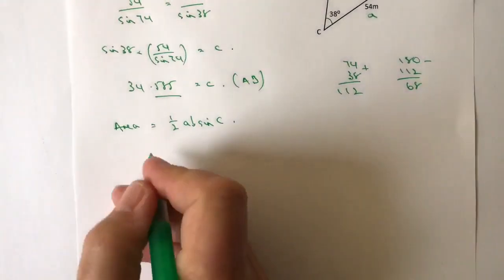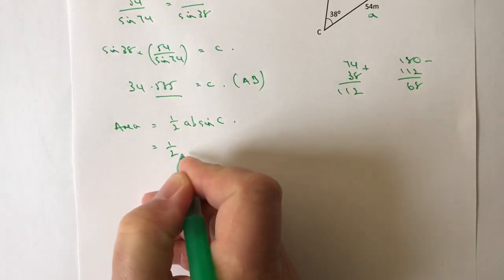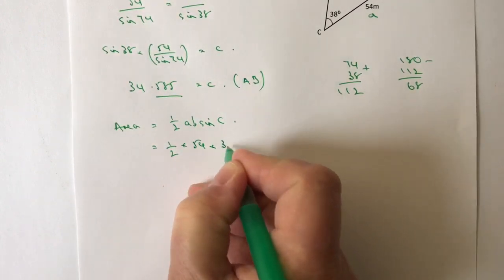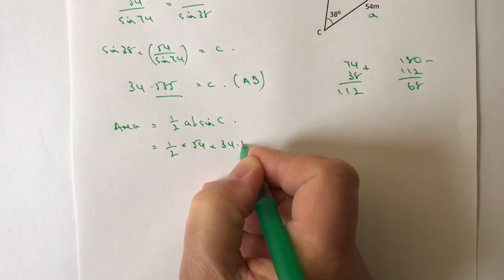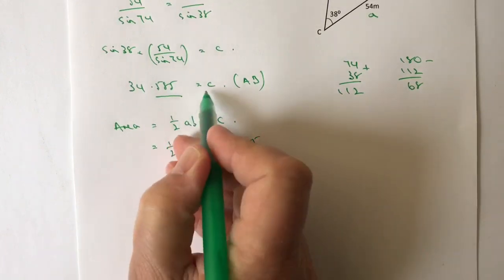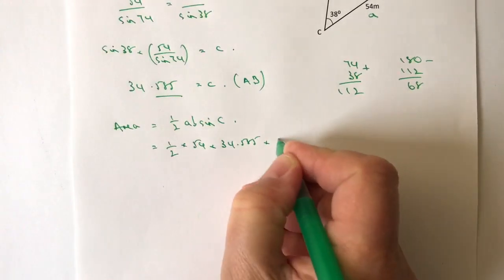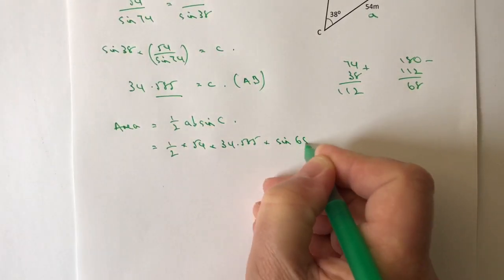So the next little bit is I can say a half, a is 54, b is, as I worked out, 34.585. I know it says c there, but otherwise we're going to end up with quite an untidy diagram, so that's going to be b, multiplied by the sine of 68 degrees.